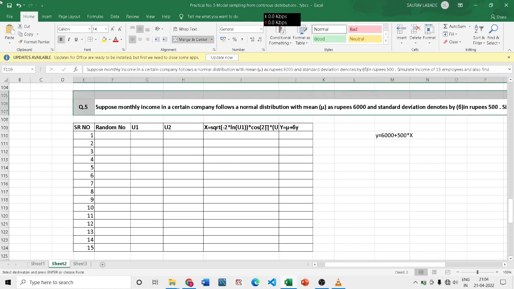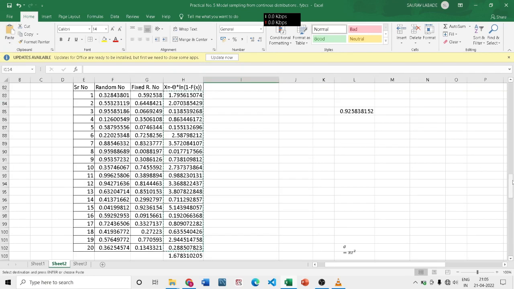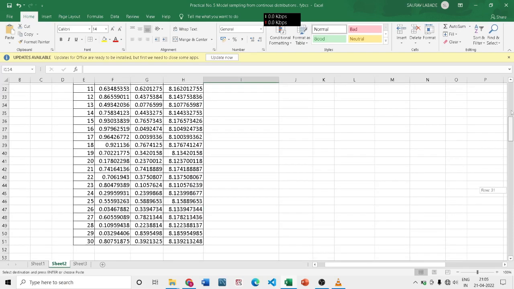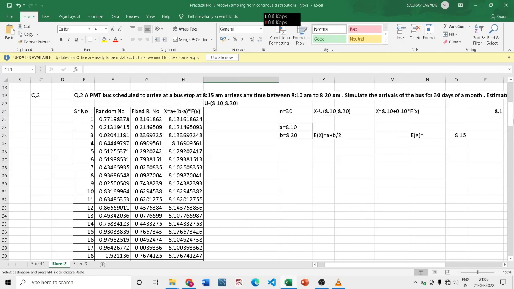The difference is here: we have seen the uniform distribution and the exponential distribution.